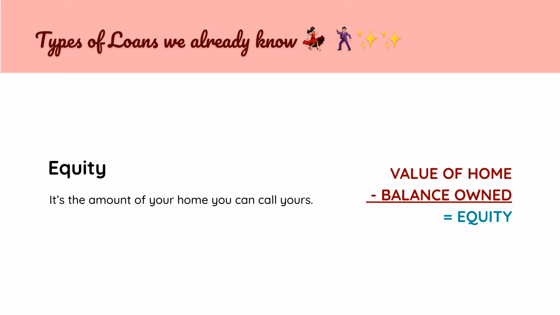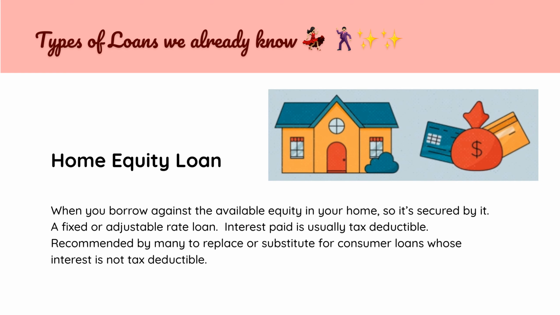We can say equity is the difference between the value of your home minus the balance you owe. So equity is the amount of your home you can call yours. Home equity loan, it's when you borrow against the available equity in your home, so it's secured by it. The interest paid is usually tax deductible.